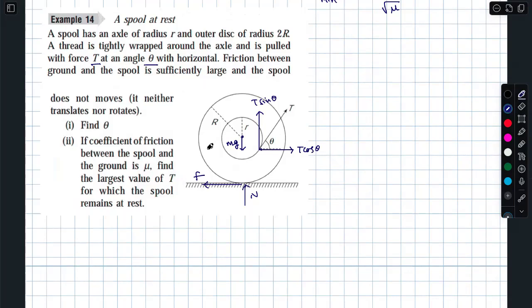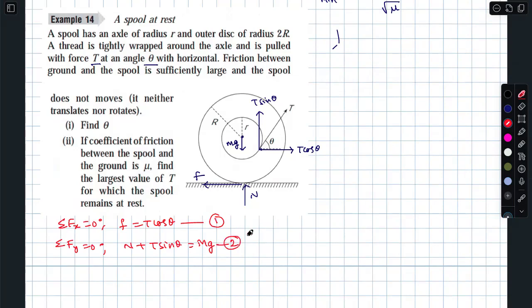Now sigma horizontal 0. ఏది ఇచ్చినా అరే మనకు తెలిసింది ఒకటే, సిగ్మా ఎఫ్ఎక్స్ 0. ఏమవుతుంది సిగ్మా ఎఫ్ఎక్స్ 0 అంటే ఎఫ్ ఈజ్ ఈక్వల్ టు టీ కాస్ తీటా. సిగ్మా ఎఫ్ఐ 0 ఏమవుతుంది ఎన్ పైకి టీ సైన్ తీటా పైకి and downward is mg. Equation 1, equation 2. Next.